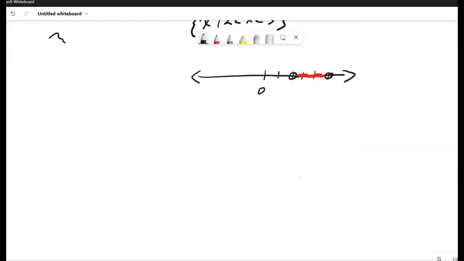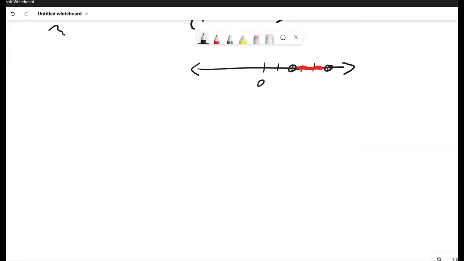Now there is a way to represent this. If you're reading along and you look at page 11, we have notation that looks like this, like this, and I'll explain what all these mean.